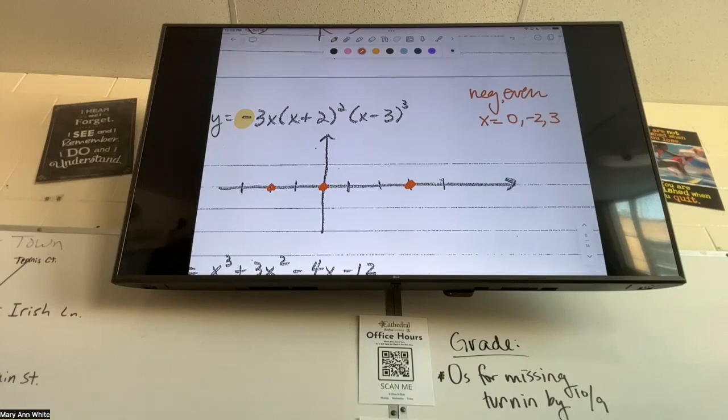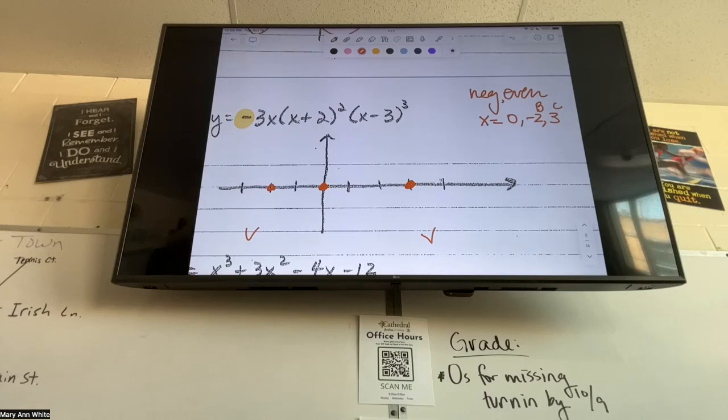Is there anything funny happening in any of these? Bounce, we're bouncing at -2. And then that 3, we're doing kind of that cubic function look. So we can't just cross right through, we've got to kind of snake our way through there. So negative even means I start low and I end low.